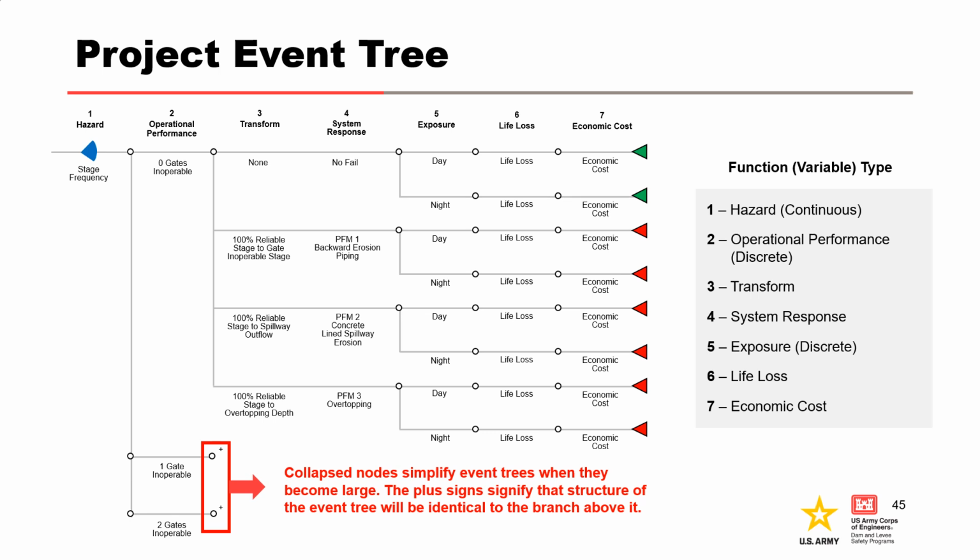In this example, the 1 gate inoperable and 2 gates inoperable contain plus signs. Therefore, the structure of the tree after those nodes is identical to the 0 gate inoperable branch. Each gate scenario, however, results in a different peak spillway discharge, peak stage, and peak overtopping depth, which are obtained using the transform functions.